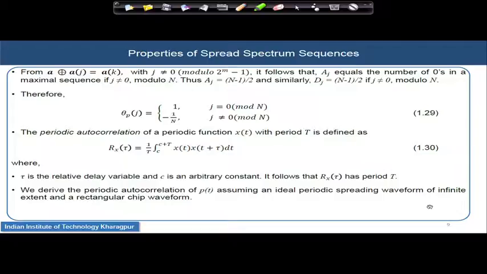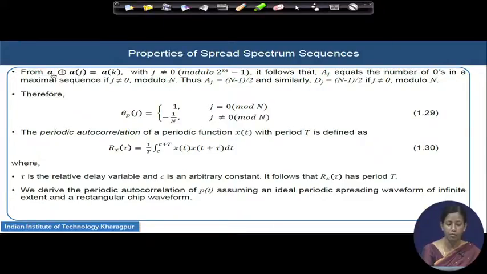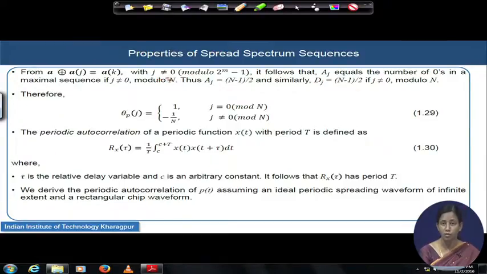Now, the question is, from the consideration that A XOR with Aj will definitely yield Ak, because we have already seen this proof earlier when j is not equal to 0.